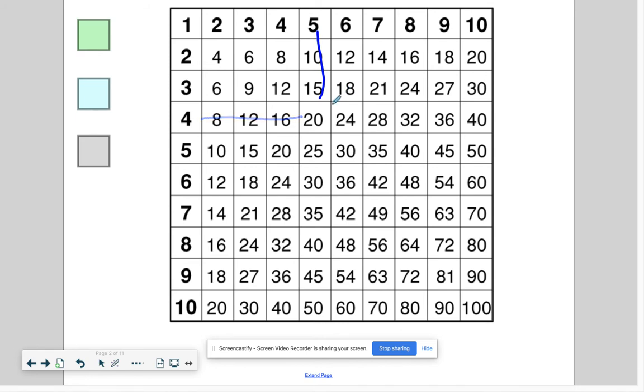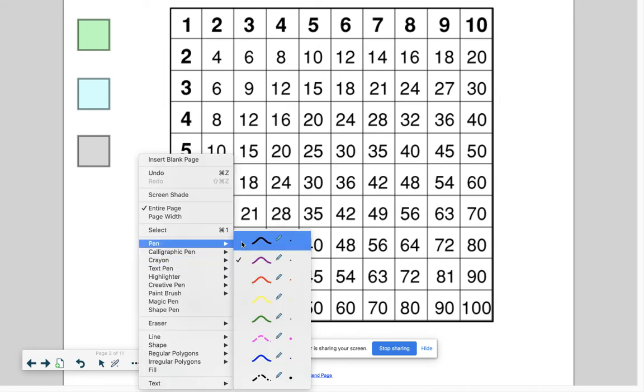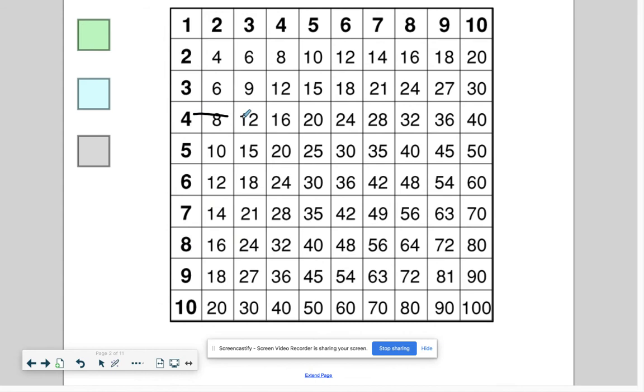What I need to understand is that 4 times 5 is 20, but I can also get 5 times 4 is 20. So 4 times 5 and 5 times 4 are actually the same question. We've just swapped the order of the 4 and the 5, so you get the same answer.